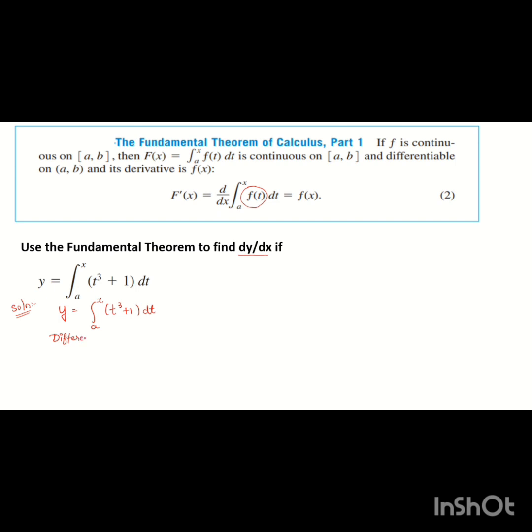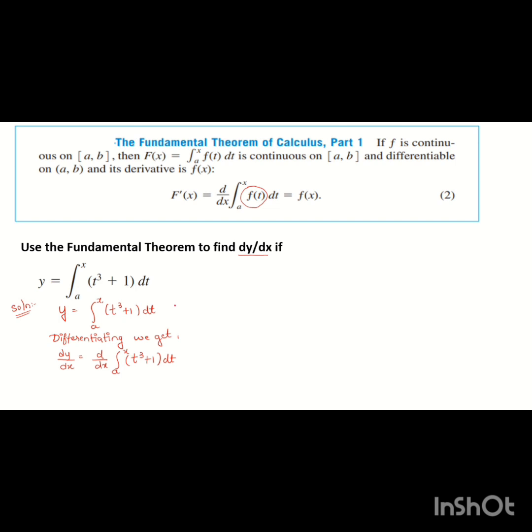Differentiating, we get dy/dx equals d/dx of the integral from a to x of t cubed plus 1 dt.